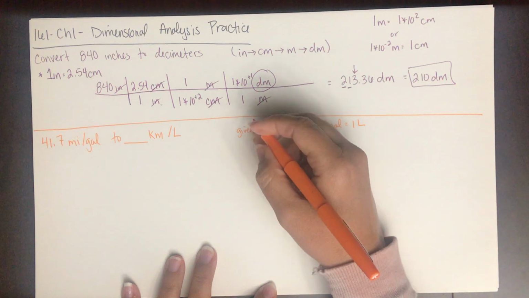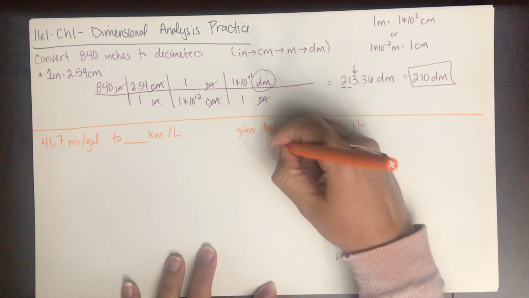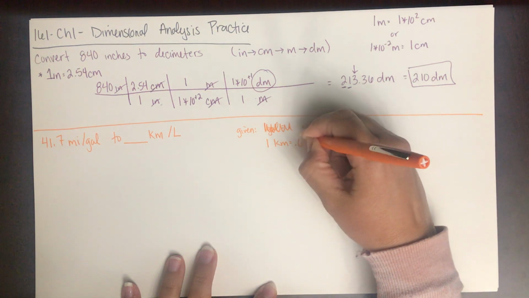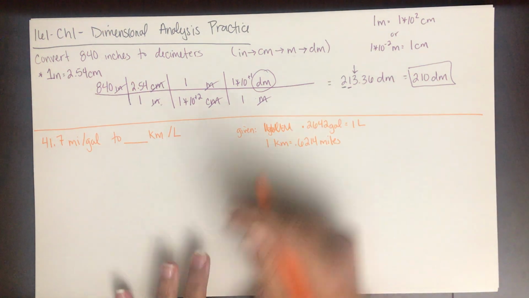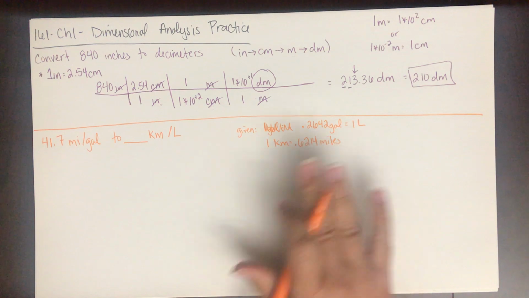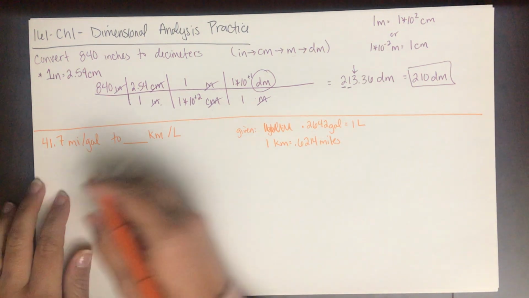I would also give you that 1 kilometer equals 0.6214 miles. So this is given, and now we're going to convert both things at the same time. So I'm going to write this out.